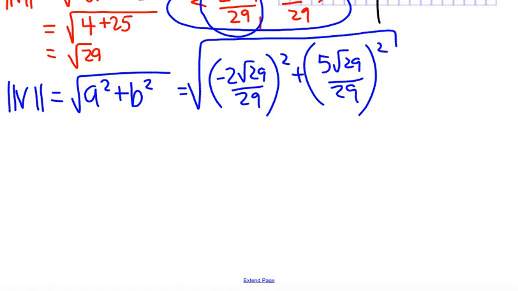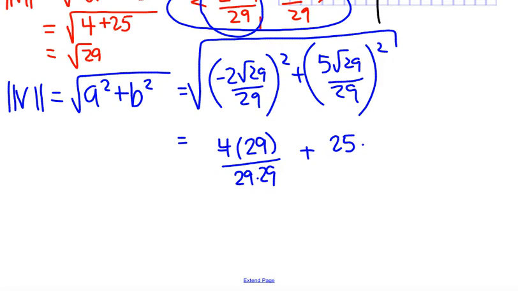All right, we have some work to do here. So I'm going to grab my calculator. So when we square, -2 times -2 will be +4. Square root of 29 times square root of 29 is 29. And then we have 29 times 29. Over here, 5 times 5 is 25. Square root of 29 times square root of 29 is 29.